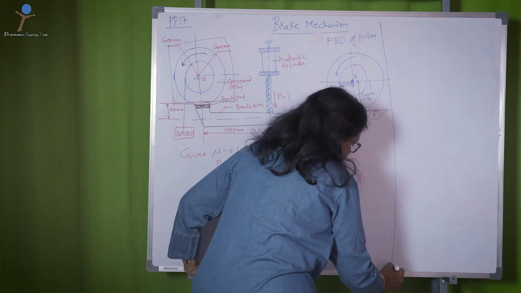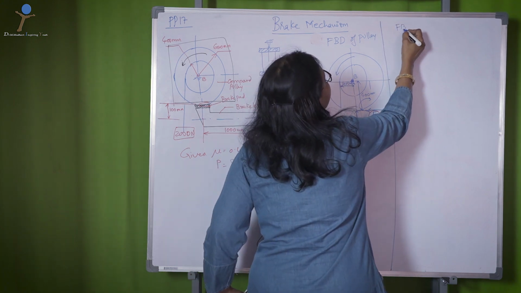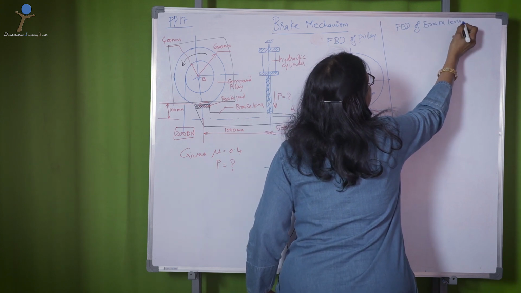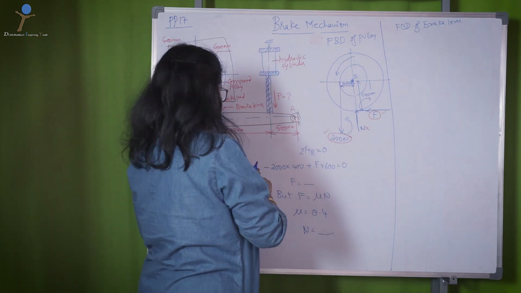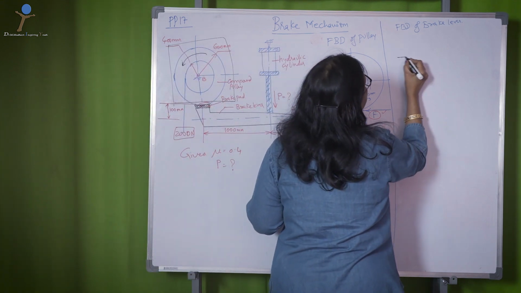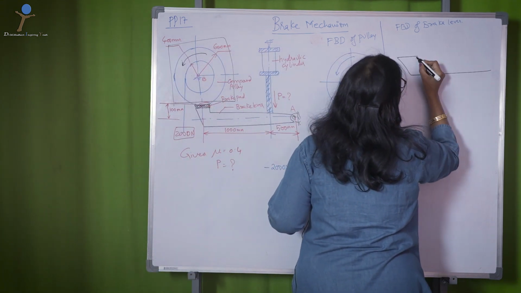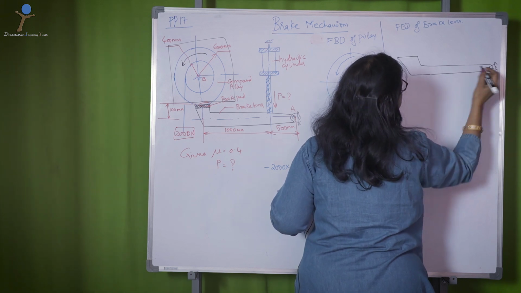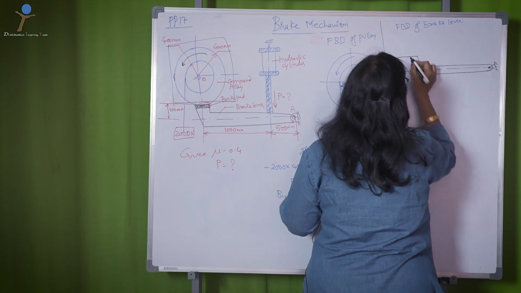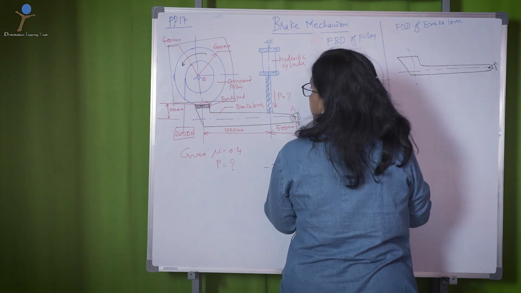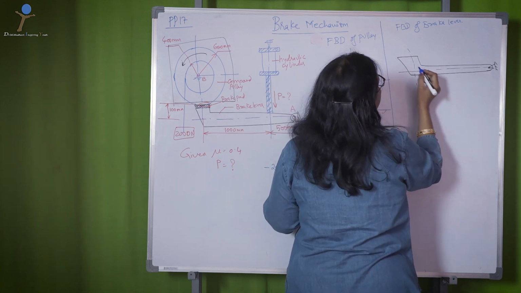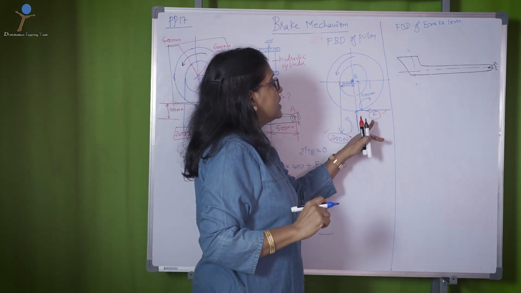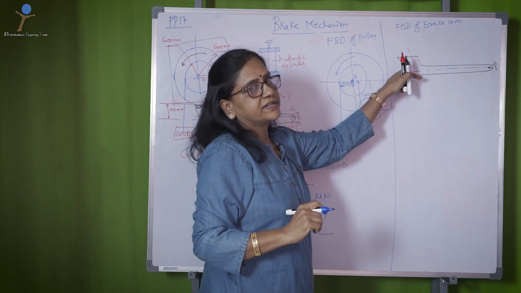Agreed. Then coming to the next free body diagram, of the brake lever. If you draw the brake lever, you have the normal reaction and frictional force equal in magnitude but opposite in direction.